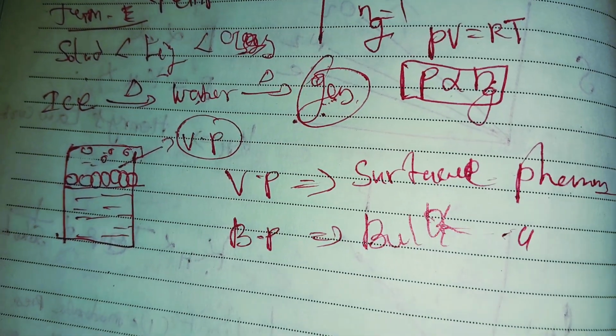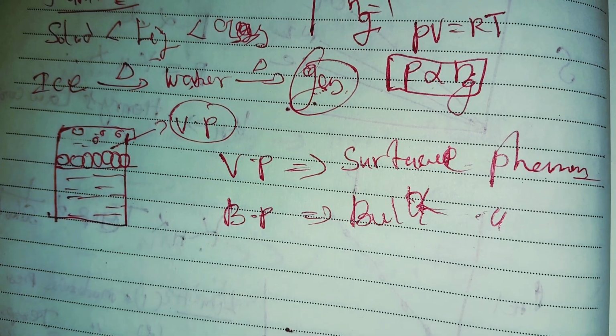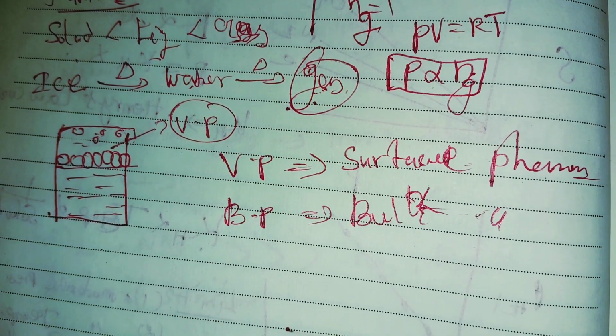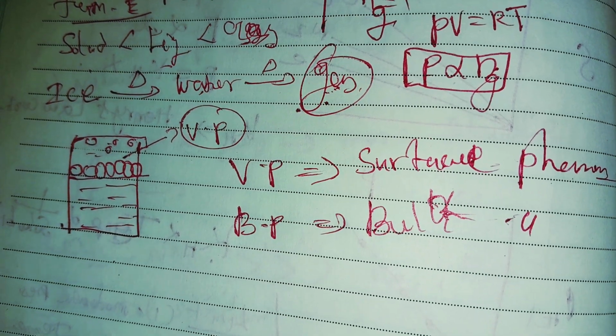For example, the boiling point of water is 100 degrees Celsius. Only when that temperature is reached is the water boiled.